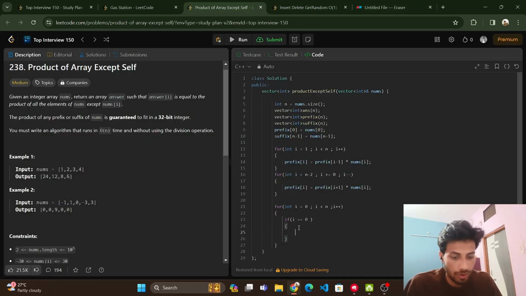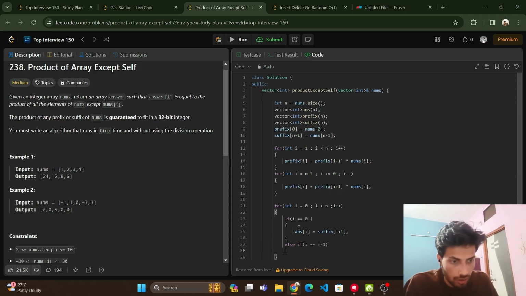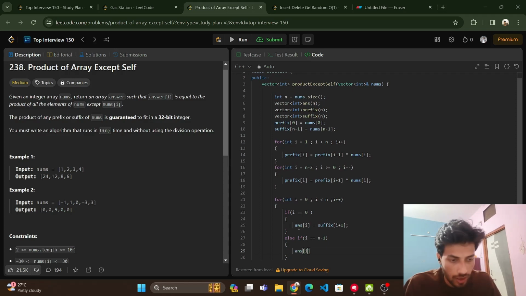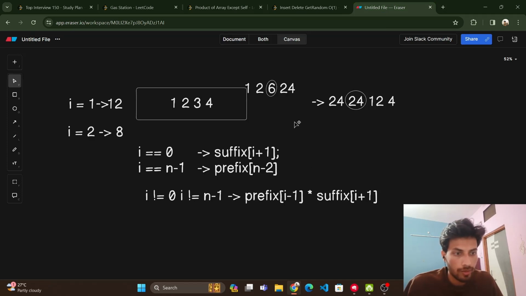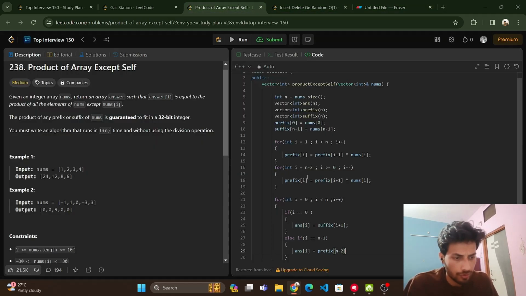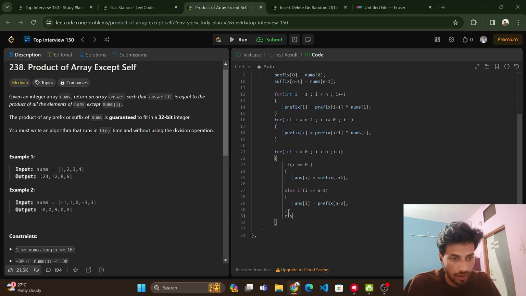Rather than push back, we just do answer of i is equal to suffix of i plus 1. Now else if i is equal to n minus 1, this could be the other case. For this, answer of i is equal to prefix of n minus 2. Now the last case, else.